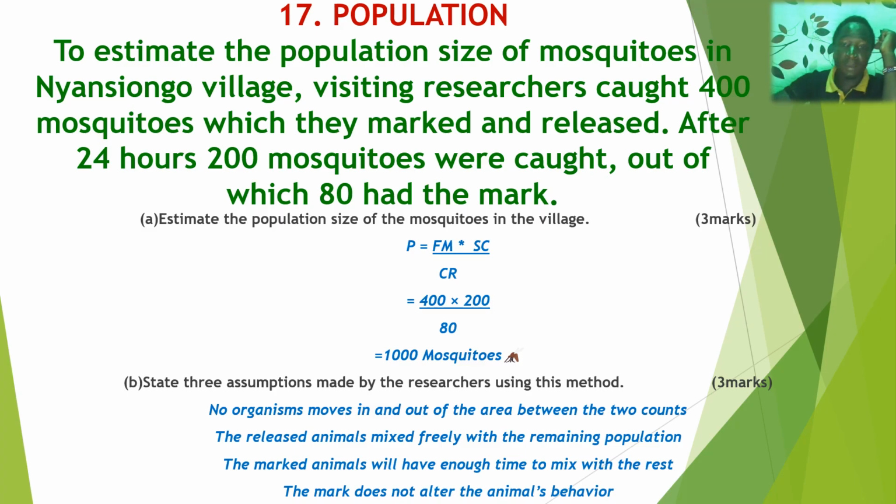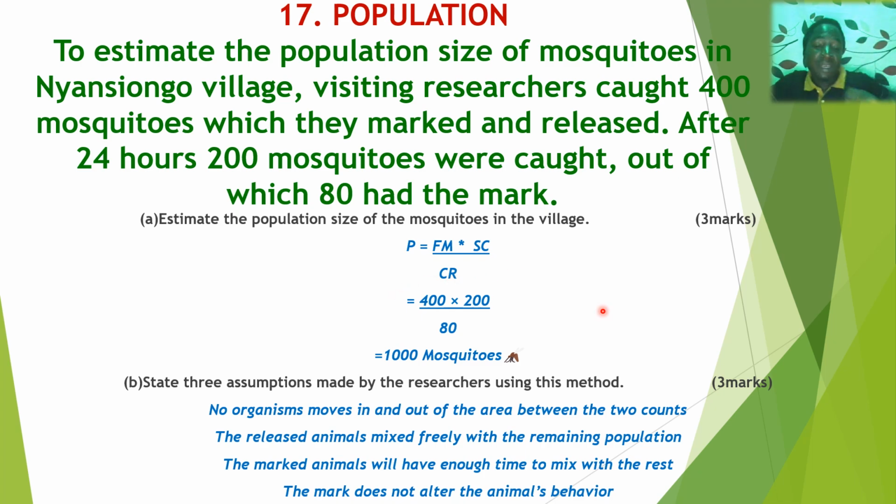So this is the formula. When we are calculating population, we take the number of the first marked organisms. So what is our first marked organism? 400. Multiply by the second capture, regardless of whether we have recaptured or not. So second capture, which is 200, then divide it by the captured and recaptured organisms.